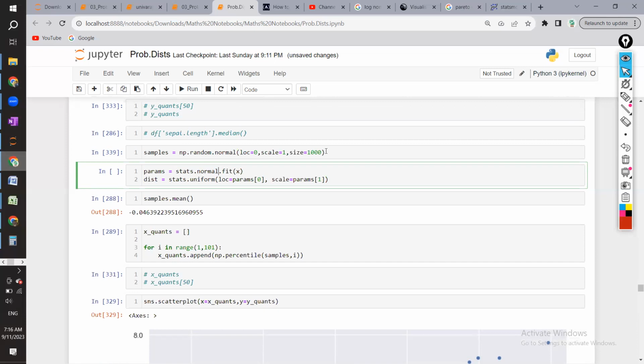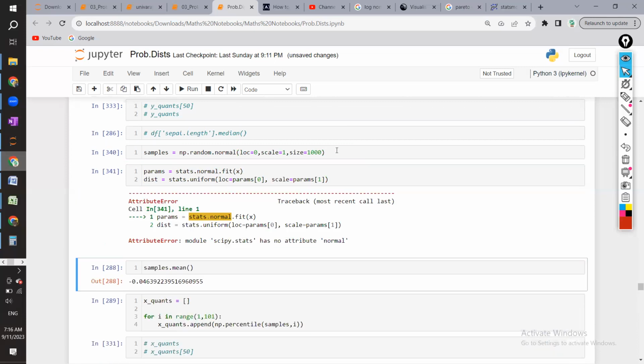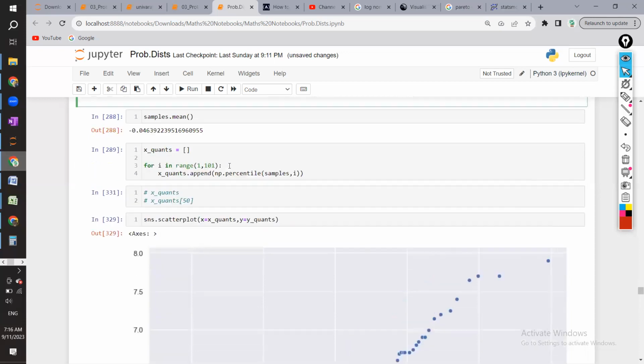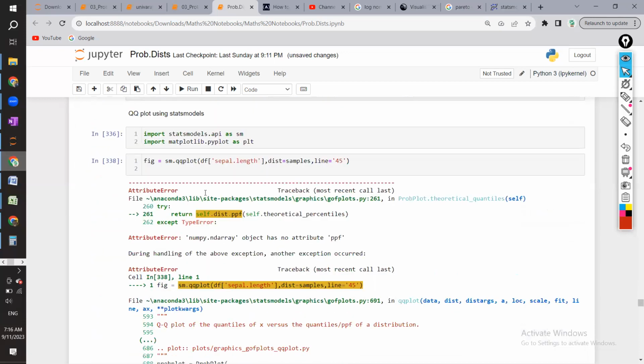I'm just checking whether we can create it this way. In stats it's not normal. I can show you later, but here it's not needed. What I'm trying to do here is just create a normal distribution and use its fit.